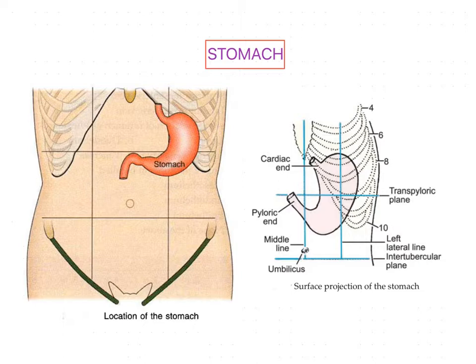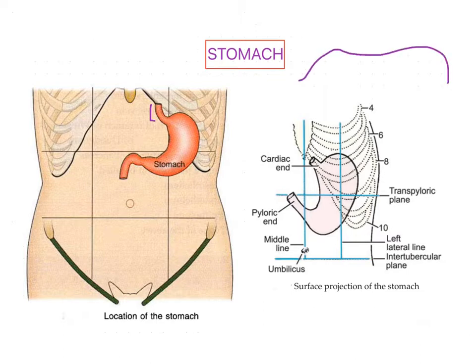esophagus. The abdominal part of the esophagus is only 1.25 centimeters long. It enters the abdomen through the esophageal opening of the diaphragm.